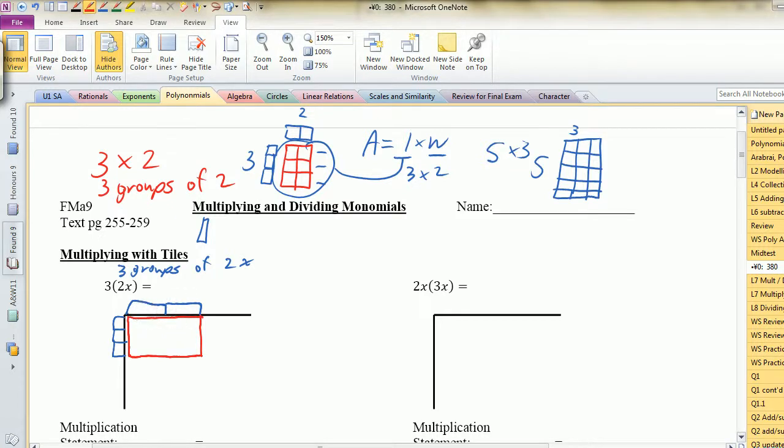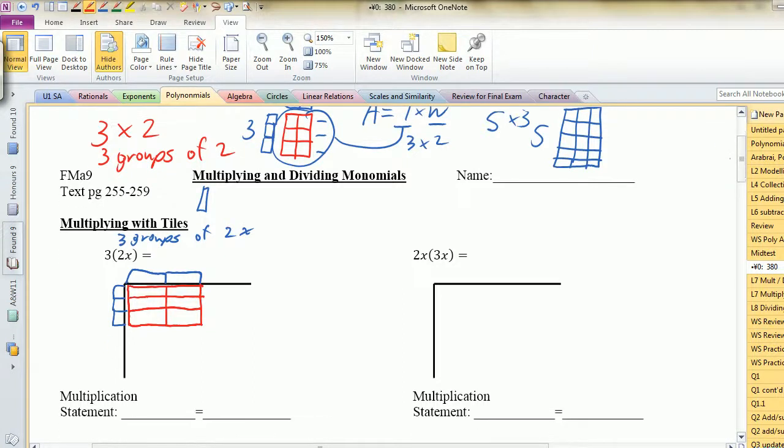Now you can trace the lines on the inside. So there's the 2x's up top, which means I'm going to have 2 groups going down. There's my 3 on the left, which means I'm going to have 3 groups going across. 1, 2, 3 groups going across. Now they should all be the same. Of course I'm bad at drawing, but you have to represent them as if they're all equal. So what's the answer?